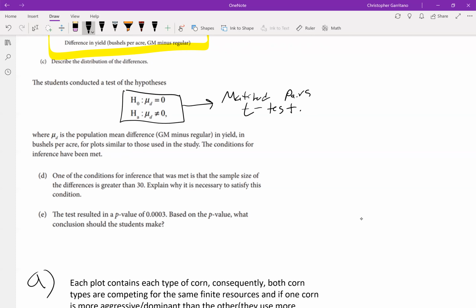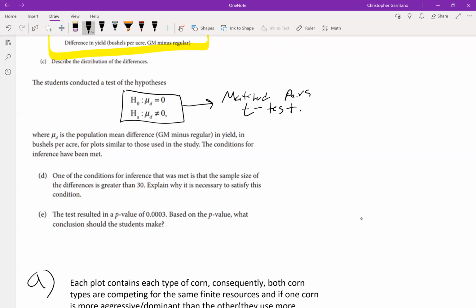Okay, and basically the reason we need large sample sizes is to satisfy what's called the nearly normal condition. The nearly normal condition is what allows us to model the sampling distribution as a normal shape, or really in this particular case as a T shape.